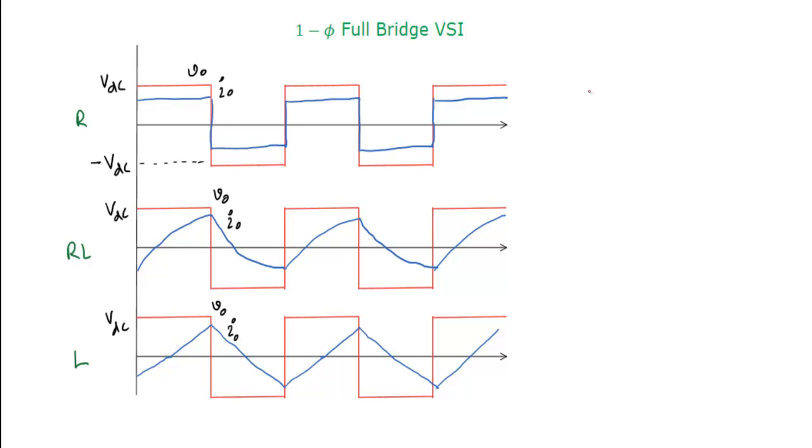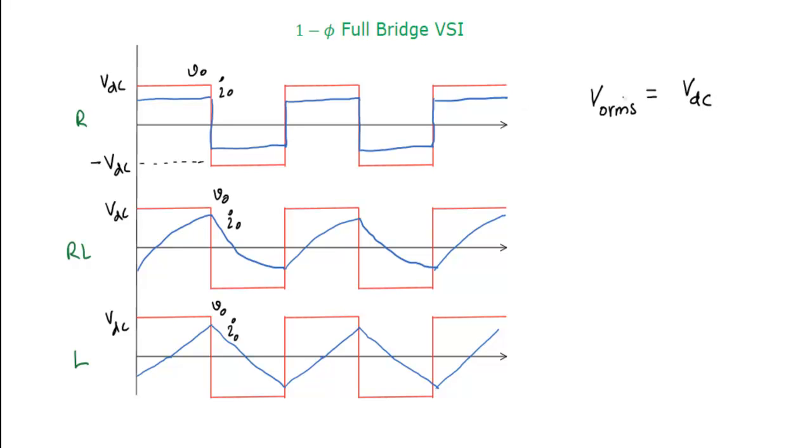So you know the square wave RMS voltage is nothing but the maximum value of the waveform. Here, the maximum value of the waveform is VDC, so V0 RMS is VDC.